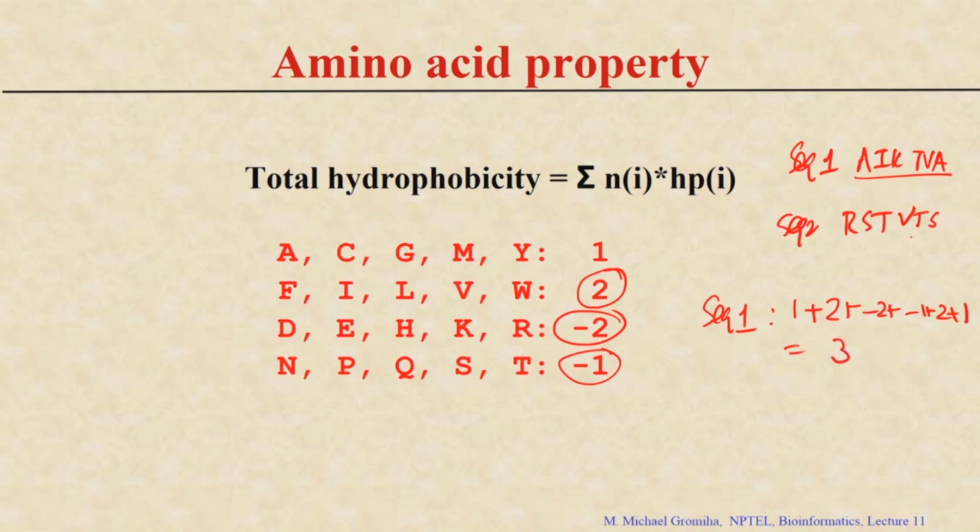If you take the second sequence, R equal to -2, -1, -1, plus 2, -1, -1, this is equal to -4. So, compare these two sequences, you can see the first one is more hydrophobic than the second one.